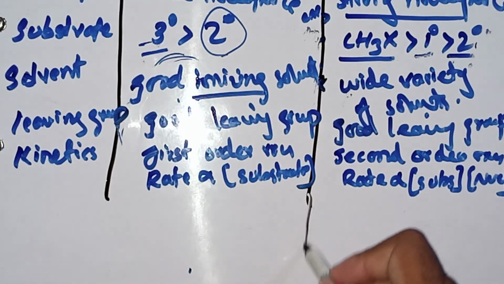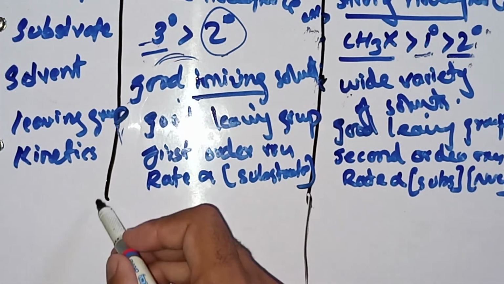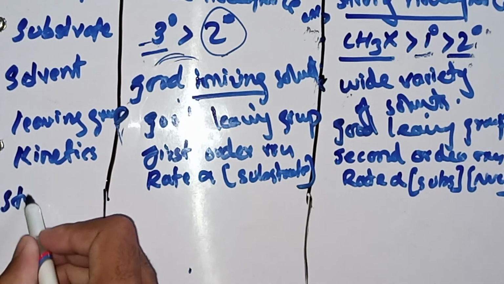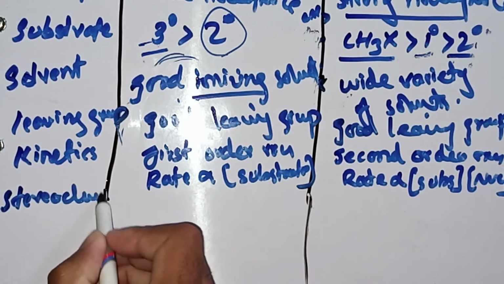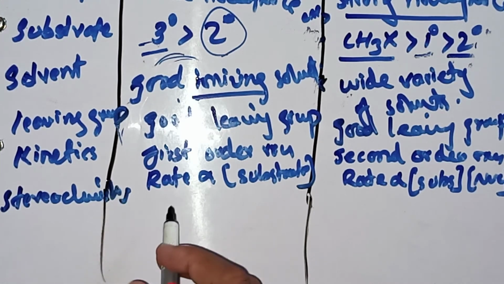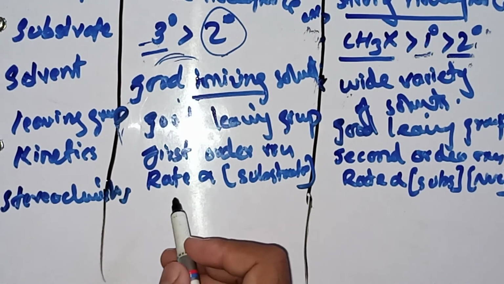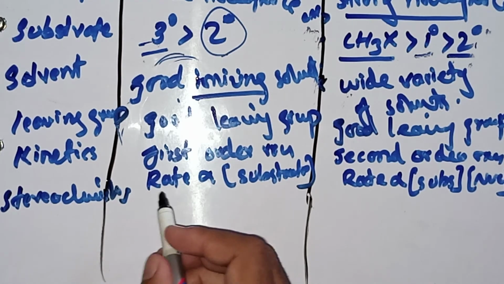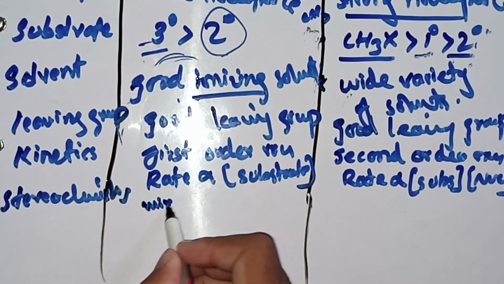Another factor is stereochemistry. What is the stereochemistry of SN1 and SN2? In SN1, the product will be a mixture of inversion and retention.